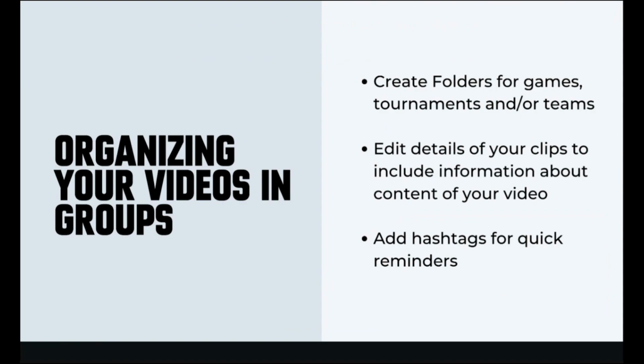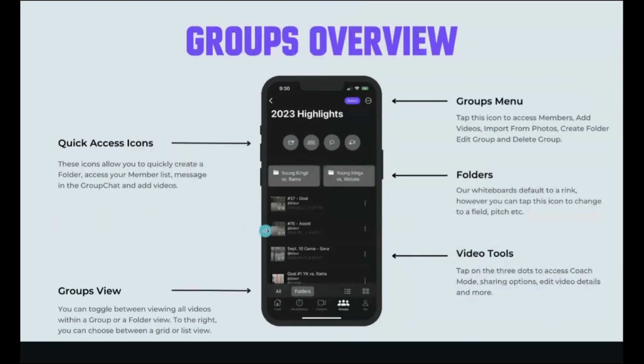And then you can also edit the details of your clip to include information about the content of your video. So if I switch back here, for example, you could put number 76 assists. So it gives you an idea of the player or what happens in the clip, so that when you're trying to find something, it's a little bit easier than tapping every video.